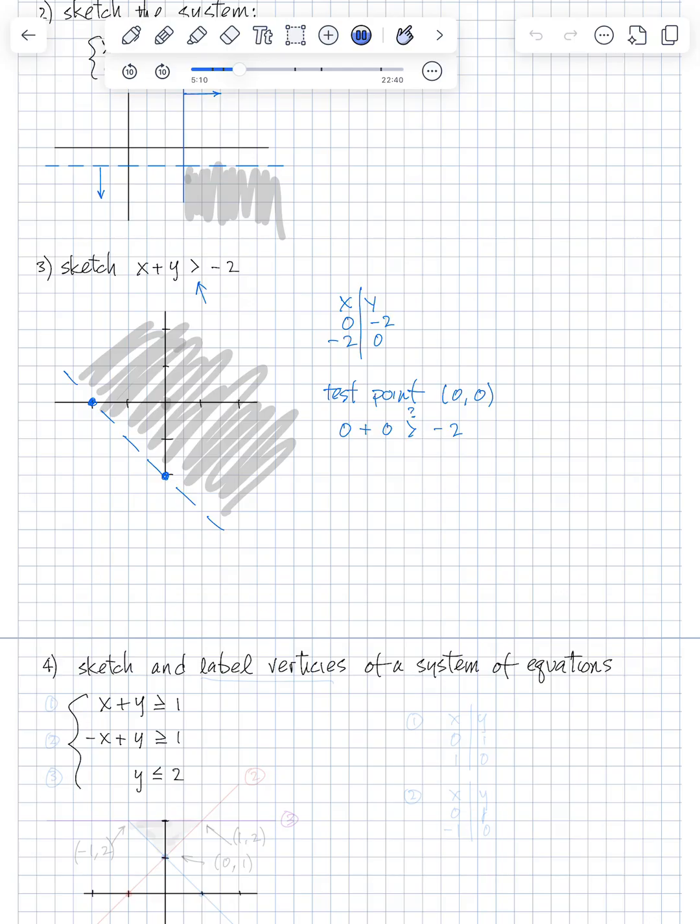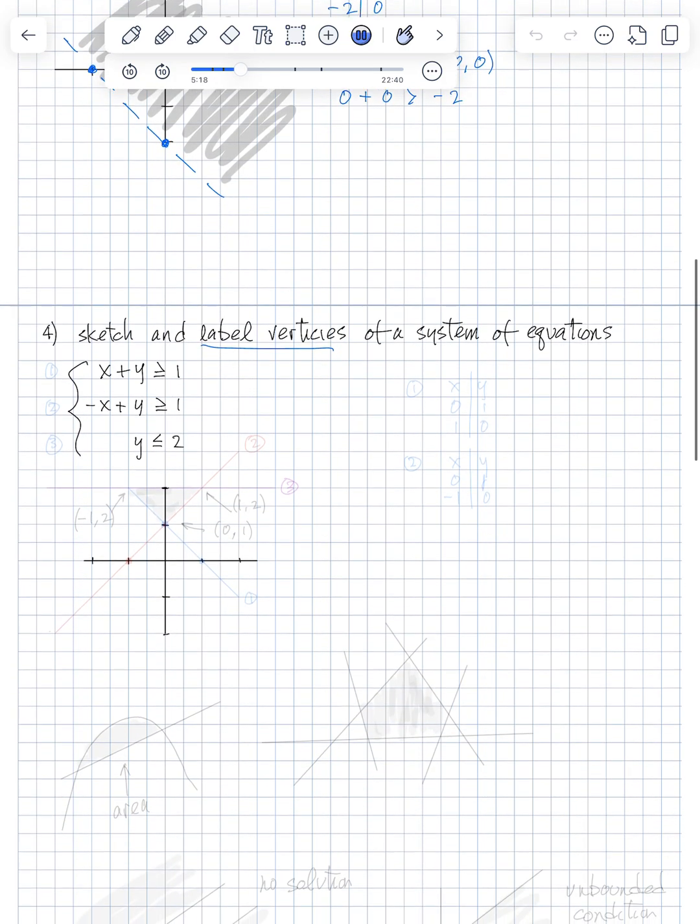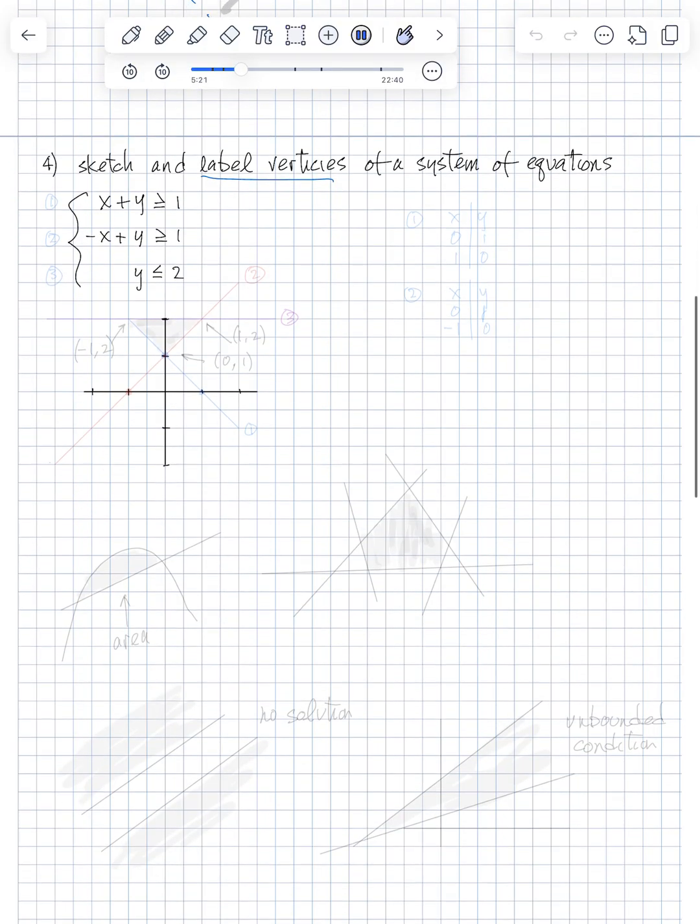Okay, example 4, we want to sketch and label the vertices of a system of equations. So let's call this equation 1, 2, and 3. So we want to sketch each one. So let's do 1, we're going to do an xy table, assuming that it's an equal sign.